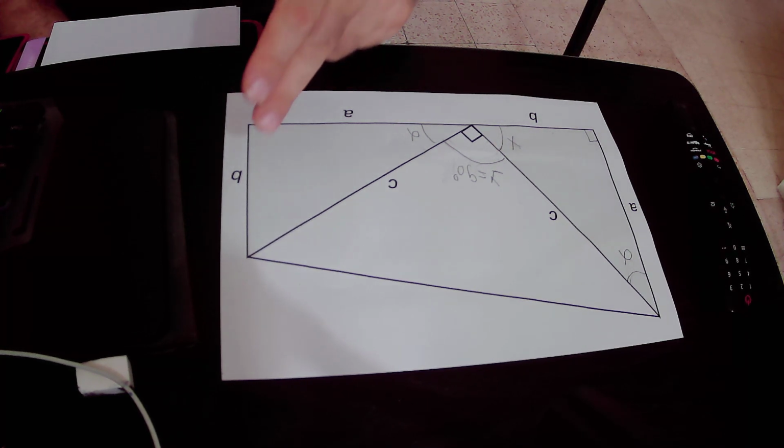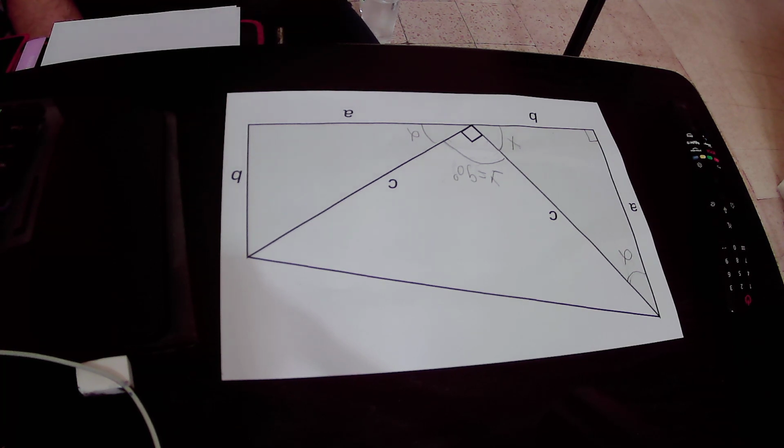A is parallel to B. For that reason, this is a trapeze, and we calculated the area of the trapeze in 2 ways.